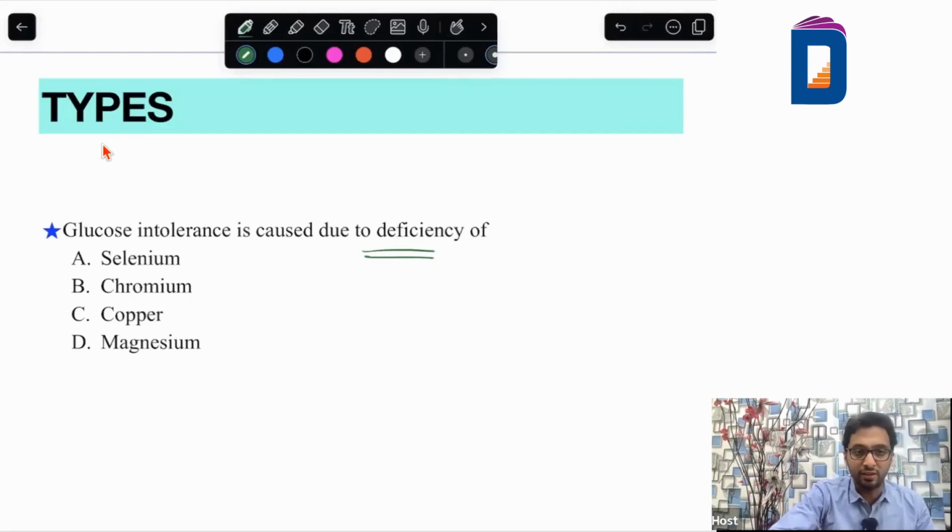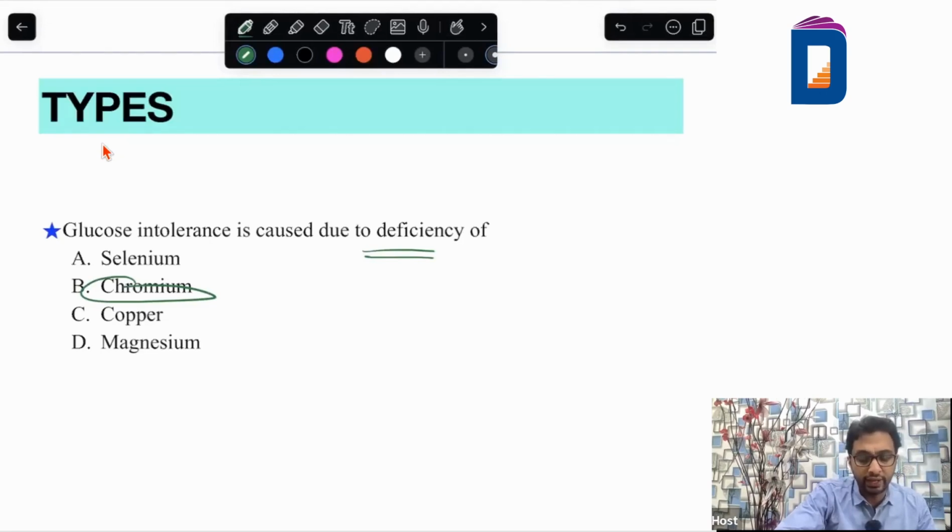They put this chromium in the medications and give it to the patients. Many patients develop insulin resistance due to deficiency of this particular mineral. What is that? Anyone? The answer is chromium. Please understand that. So chromium deficiency can cause it.